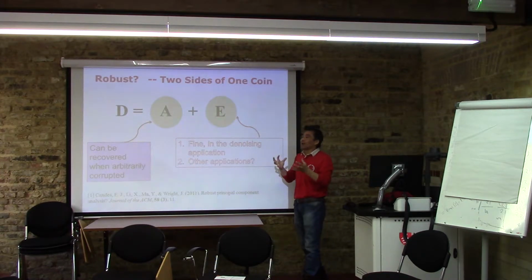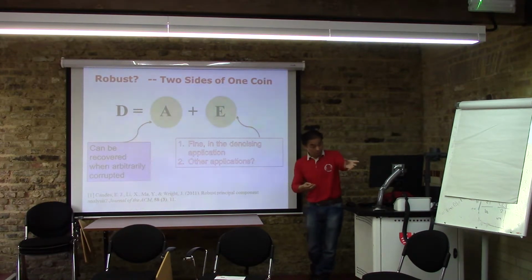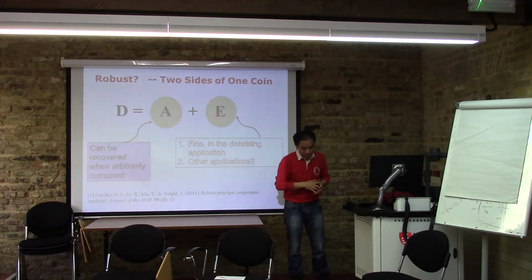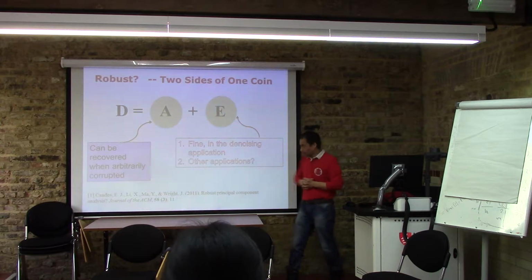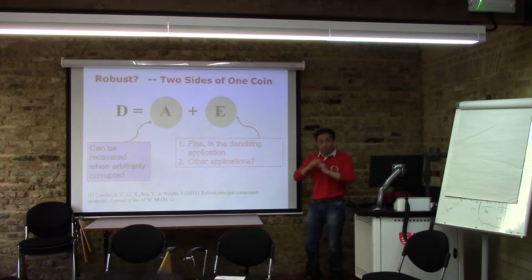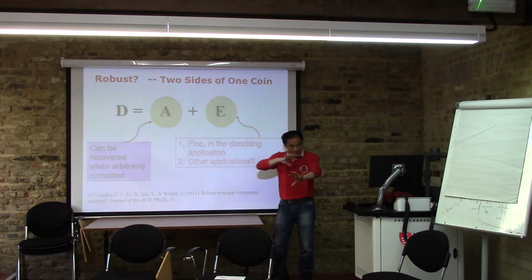if you want to apply the opposite, the other application, for example, classification. What I'm doing is video surveillance, and document analysis. For video surveillance, we treat A as background, E as the moving foreground.